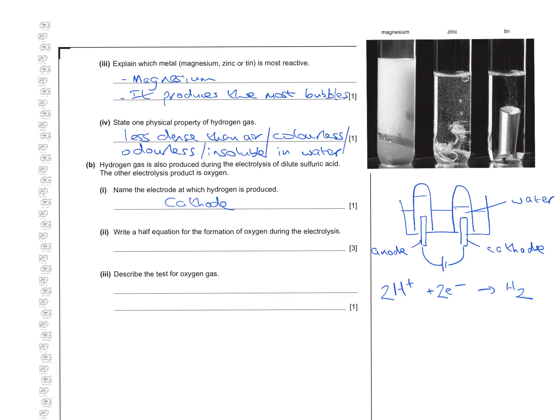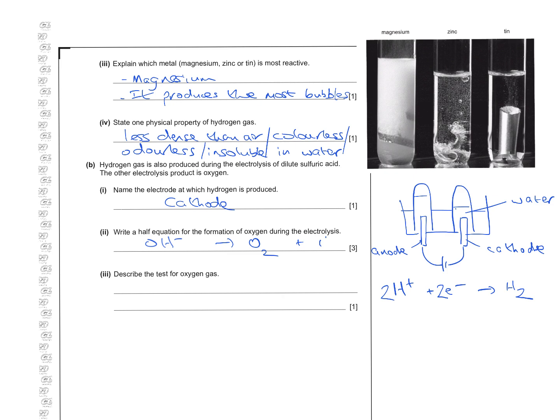Part 2 is the half equation for the formation of oxygen. Now, this one is different to the half equation in molten salts. So I have to start off with OH minus, and the oxygen comes from it. It's going to go into O2.